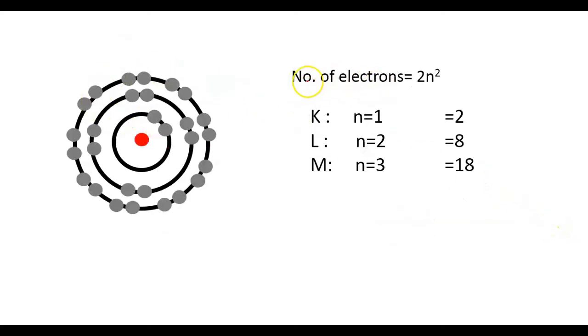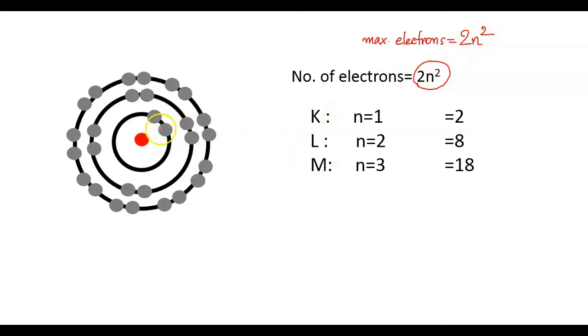And the number of electrons present in a particular shell can be given by this equation, 2n square. That means the maximum electrons present in a particular orbit can be given by the equation 2n square.